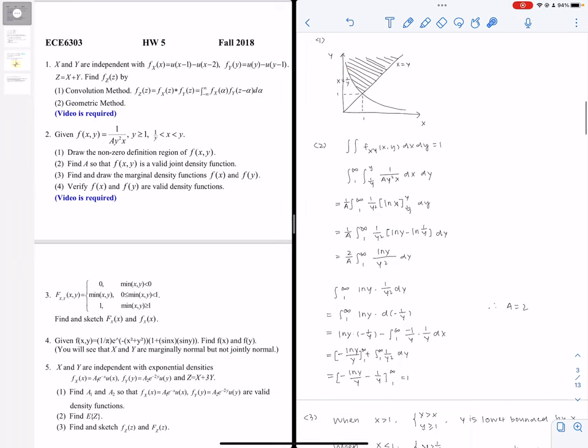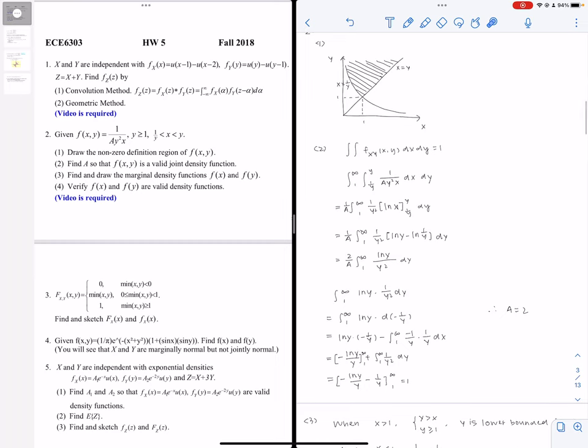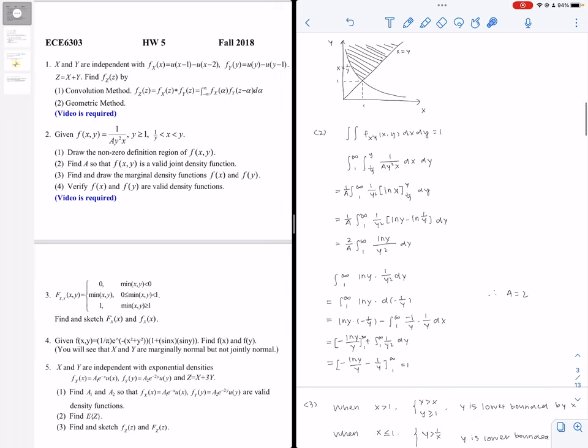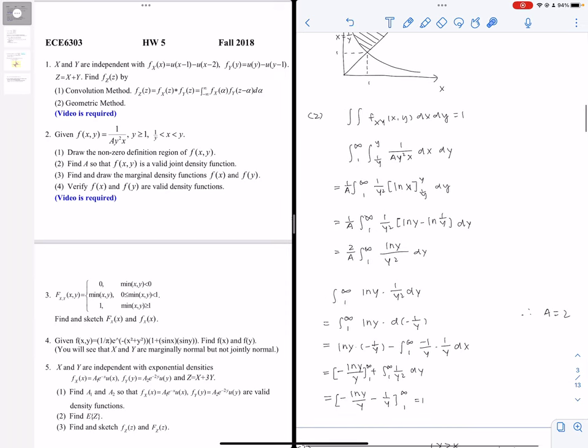And second small question, we're asked to find a so that this f of x and y is a valid joint density function. So pretty much this is to say if we integrate f of x and y, we need to get 1.